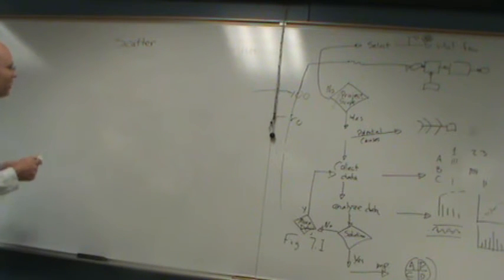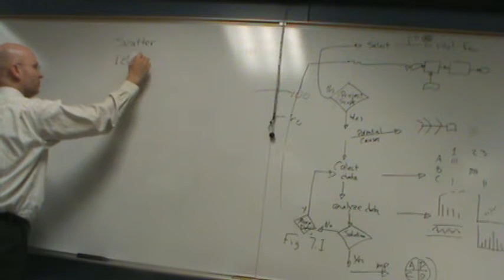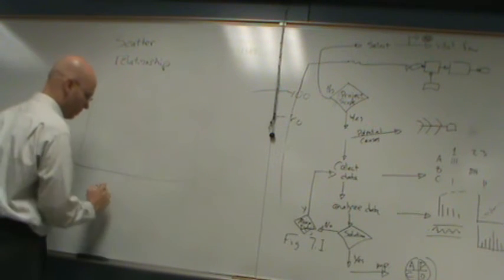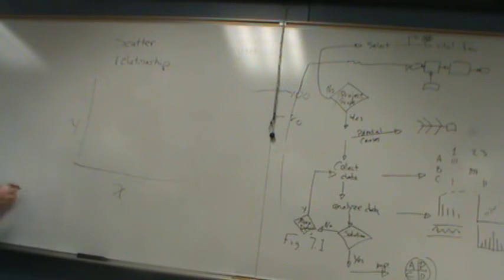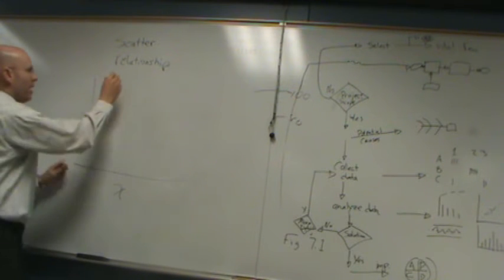All right, so scatter diagram, looking for a relationship. You have your classic X and Y. The biggest thing I want to caution you about on scatter diagrams is we're just looking for a relationship.